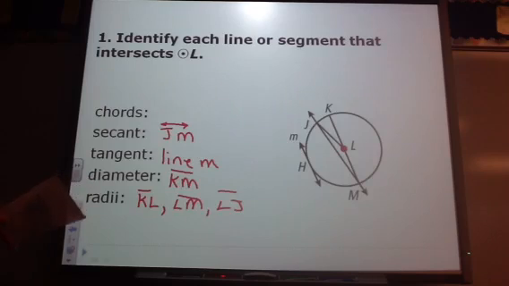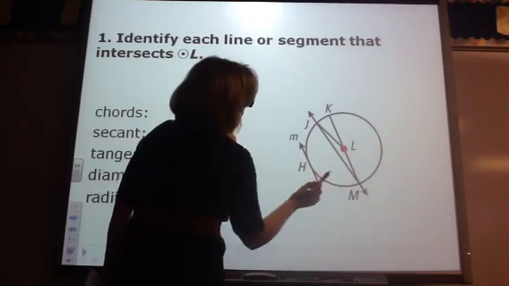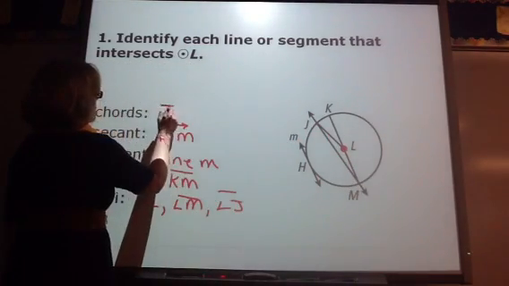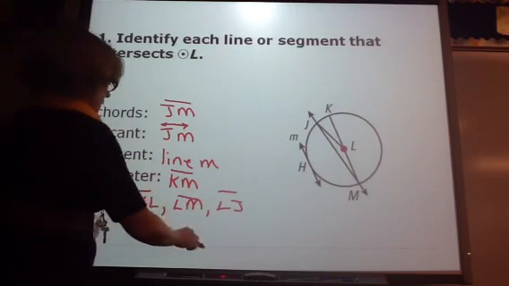So let's go back to the chord. JM and KL. JM could have endpoints instead of a line, so there's a chord. All right.